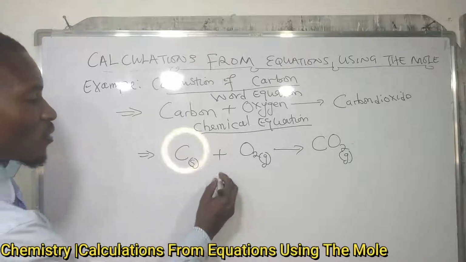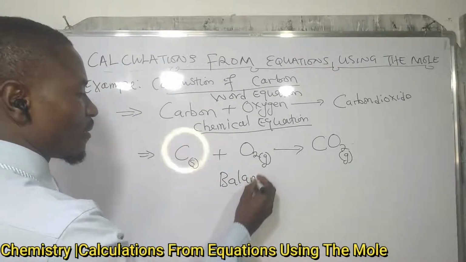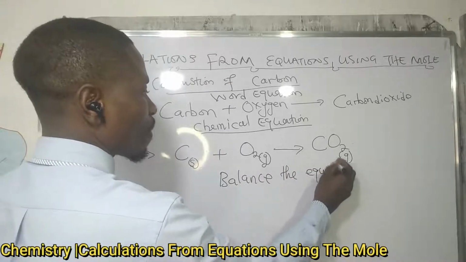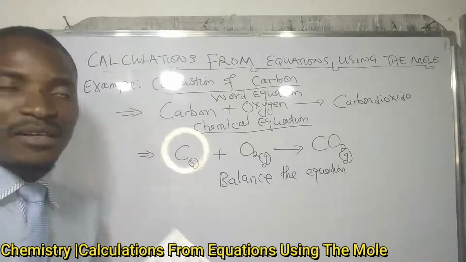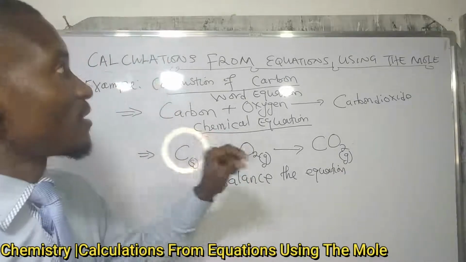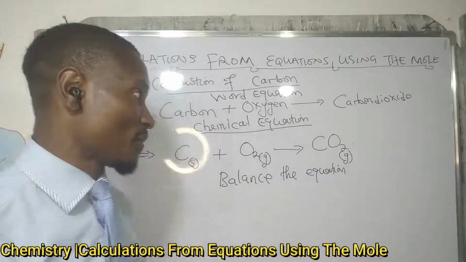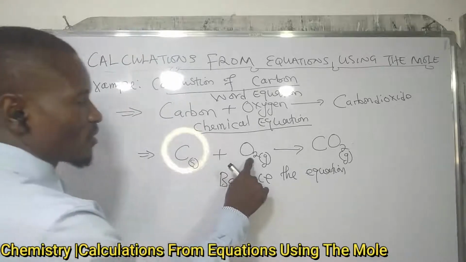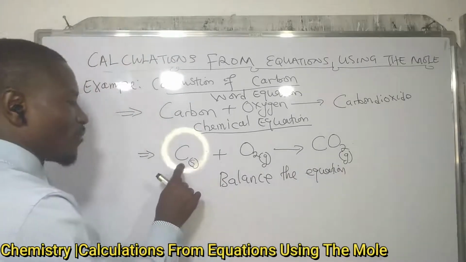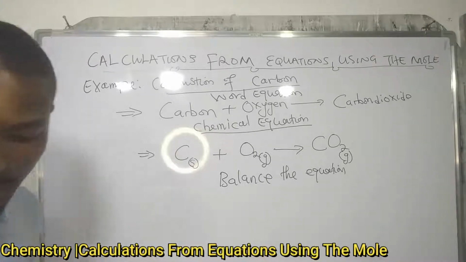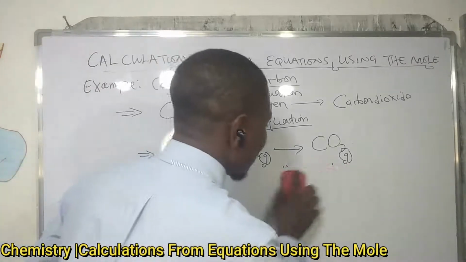First of all, we need to balance the chemical equation. Whenever you are doing calculations from an equation using the mole concept, always balance the equation. Here we have 2 oxygens on each side and 1 carbon on each side, so the equation is already balanced.